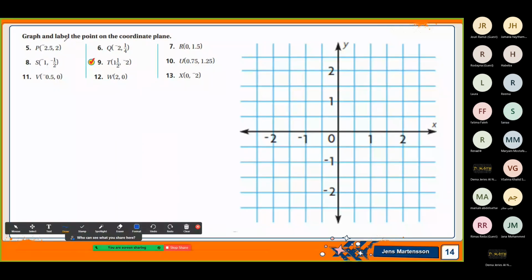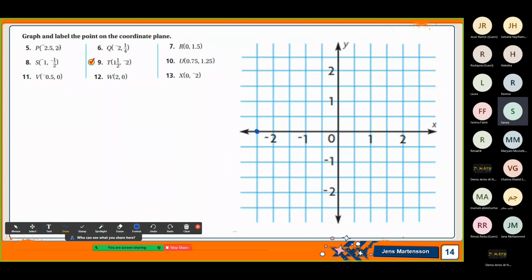X is negative, so where do you have to go? To the left or to the right? Left. To the left. Bravo. So -1, -2. I want -2.5. So it will be here.